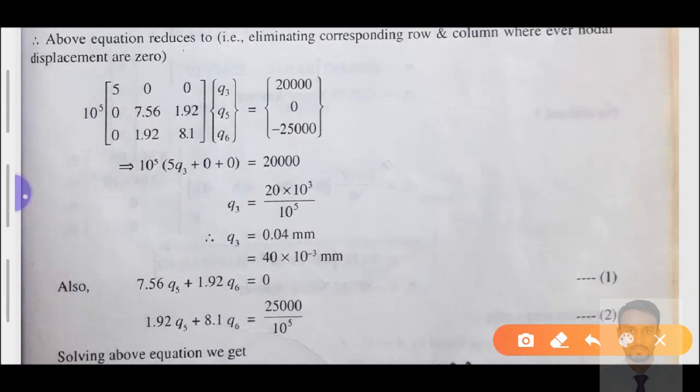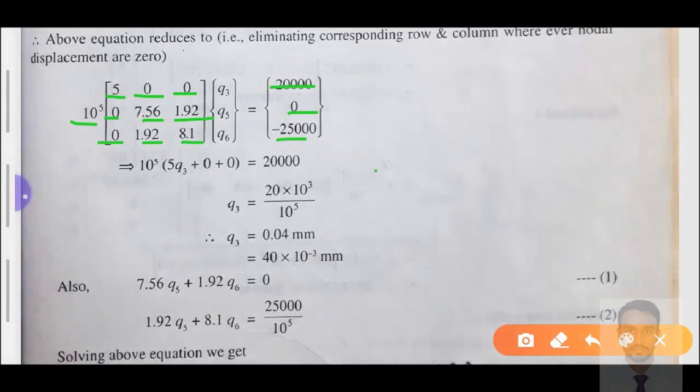So use the calculator. In your calculator, go to the MODE button, use the 3 unknowns equation, and enter all the values as a1 into 10 to the power of 5, b1, c1, d1, a2, b2, c2, d2, a3, b3, c3, d3. Press the equals button.